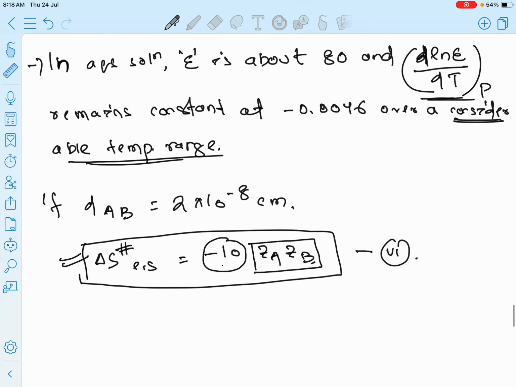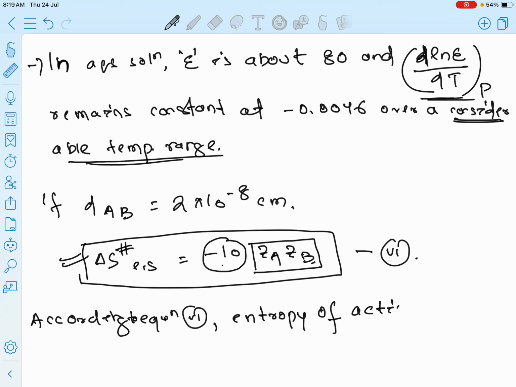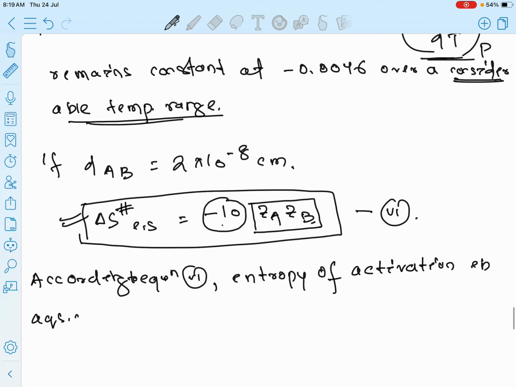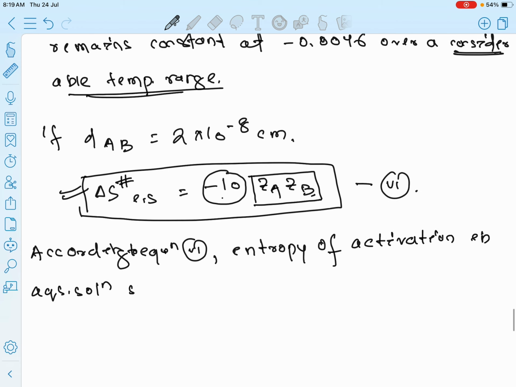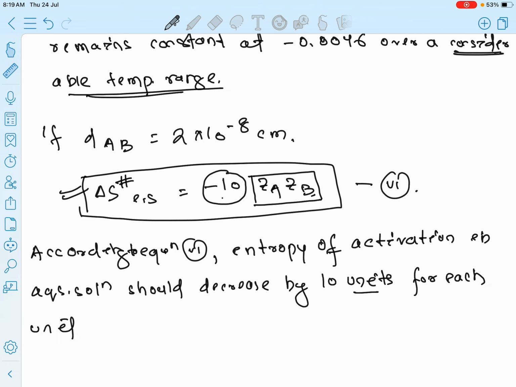So this we can write according to equation 6: entropy of activation in aqueous solution should decrease by 10 units for each unit of ZA into ZB.